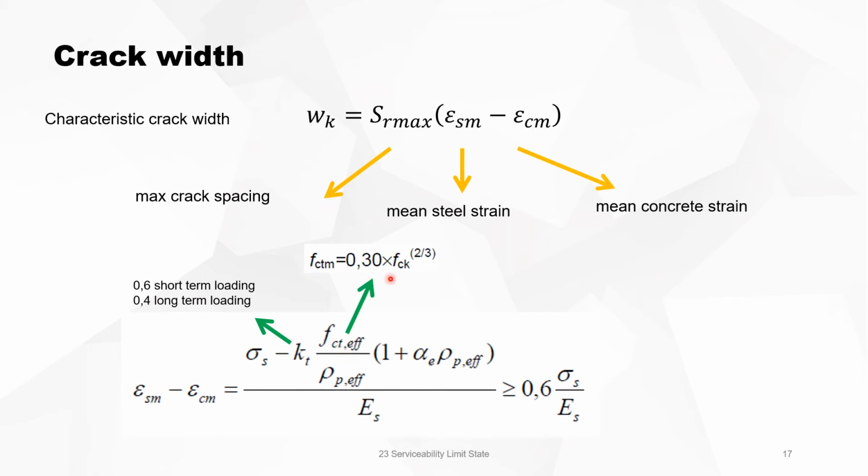FCTF we've seen is 0.3 FCK to the power 2/3 for concrete grade smaller than 50. Alpha is ES divided by ECM. And rho effective is AS divided by AC effective. And now AC effective is the smallest of the width times h minus x divided by 3, the width times h divided by 2, and the width times 2.5 h minus d.